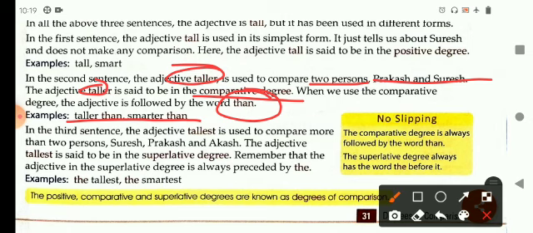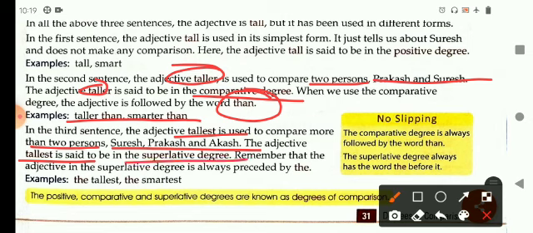And in the third sentence, the adjective tallest is used to compare more than two persons, Suresh, Prakash and Akash. The adjective tallest is said to be in the superlative degree.